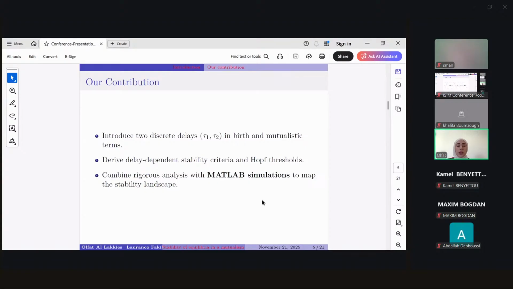So our work introduces two discrete delays into a delay differential equation mutualism model. It delivers delay-dependent stability criteria and Hopf thresholds, and combines theory with MATLAB simulations to map the dynamics.